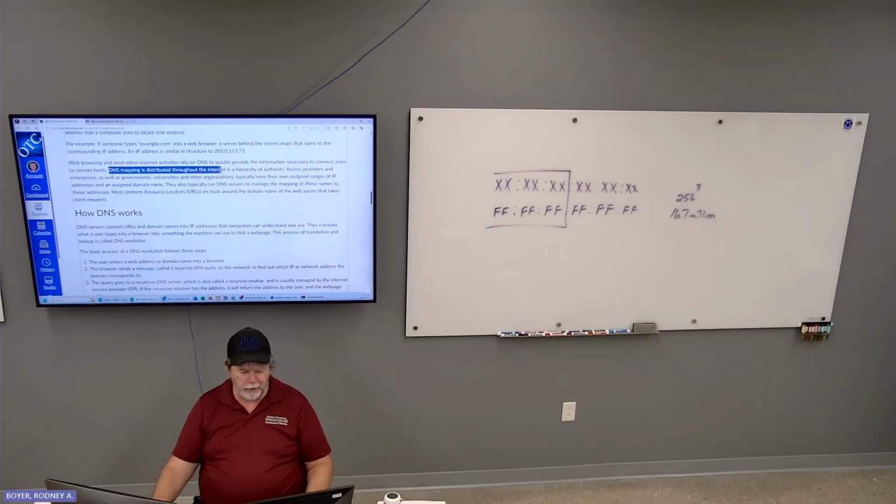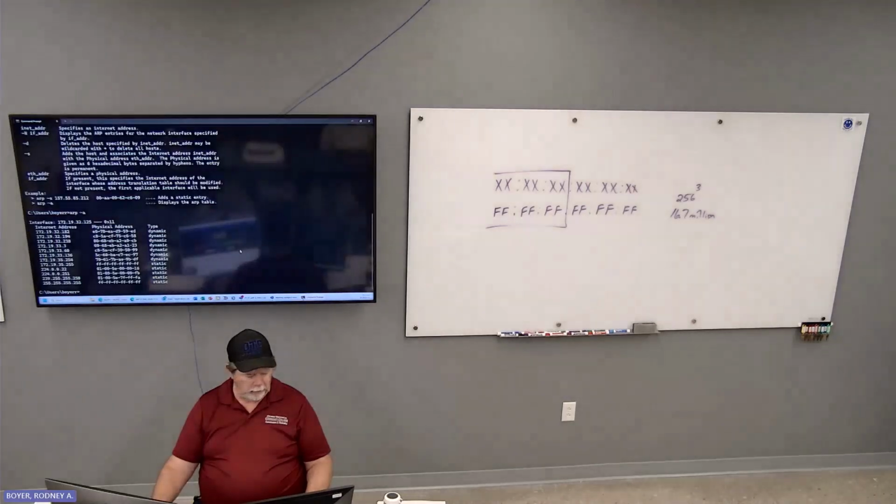DNS mapping is distributed throughout the internet hierarchy of authority. I just told you about that. Access providers and enterprises, as well as governments, universities, and other organizations typically have their own assigned ranges of IP addresses and an assigned domain name. So, get this back up here.